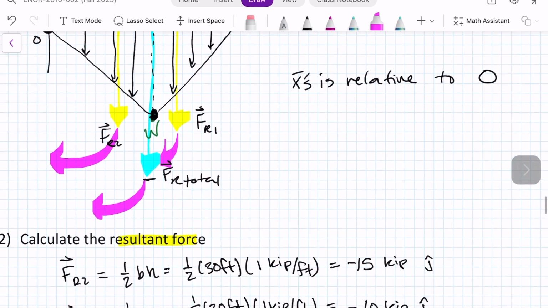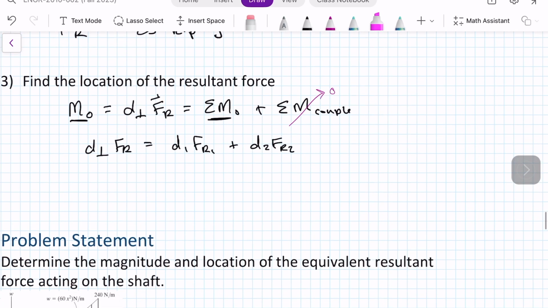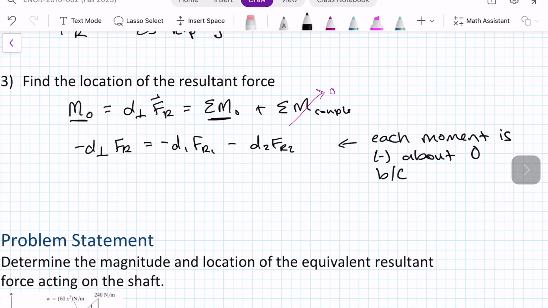We'll go down here and change all of these signs to negative. I'm going to put just a note here: each moment is negative about O because it's clockwise.